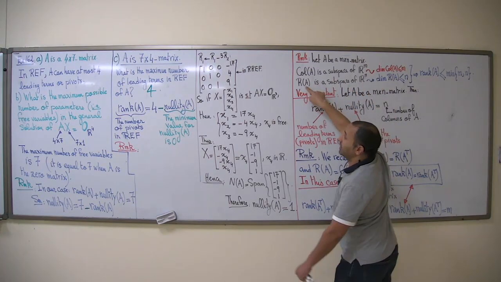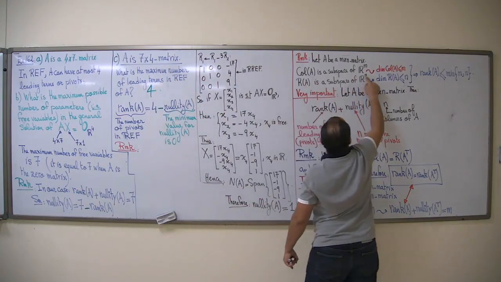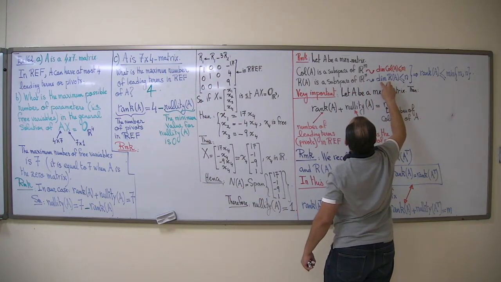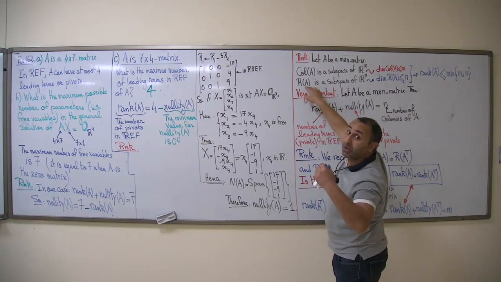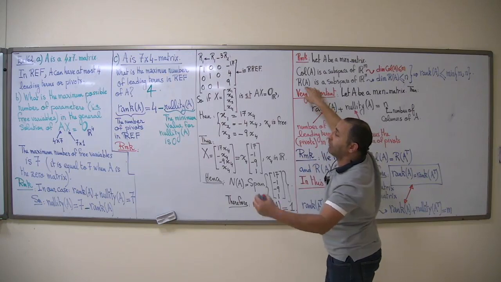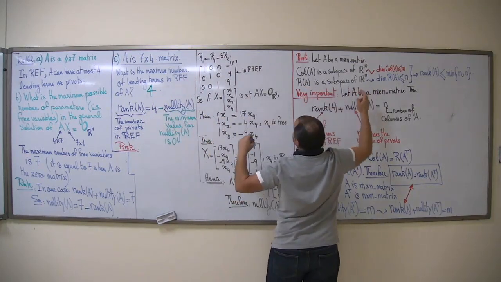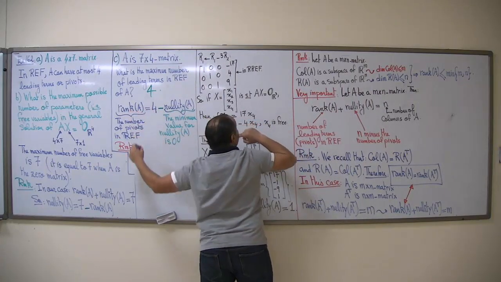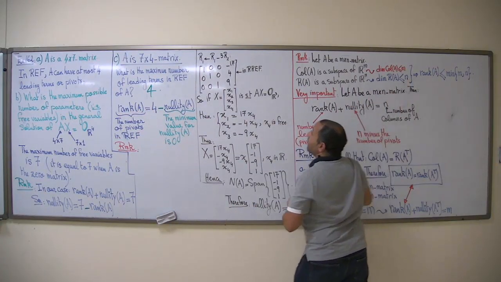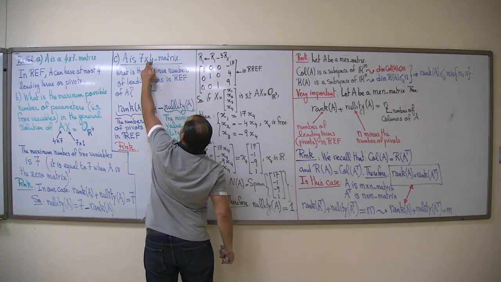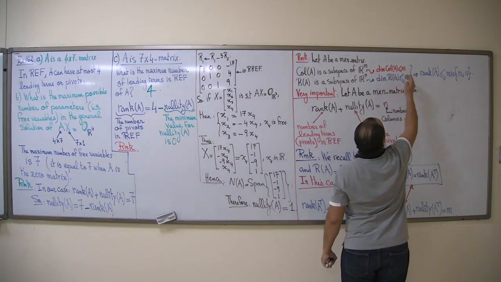And so the dimension of the row space, which is by definition the rank of A, is at most equal to n, that means 4. So the maximum value of the rank is 4.